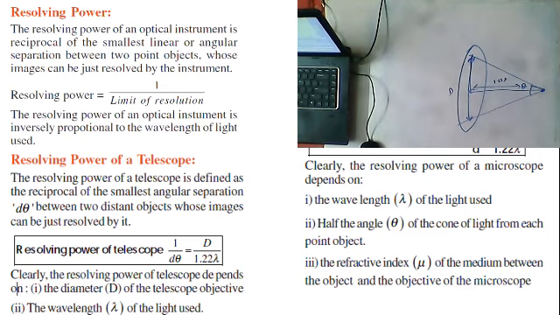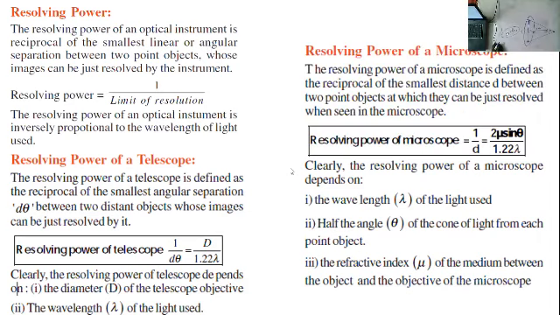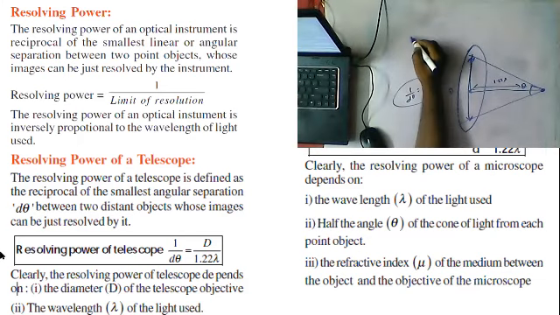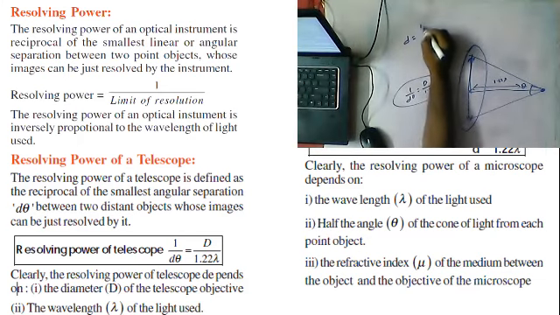Of course, the derivation is not required. That's the reason I'm not explaining. Simply, resolving power of a telescope is equal to 1 by d theta is equal to d by 1.22 lambda. Okay, direct. And for a microscope, d is equal to 1.22 lambda by 2 mu sine theta.